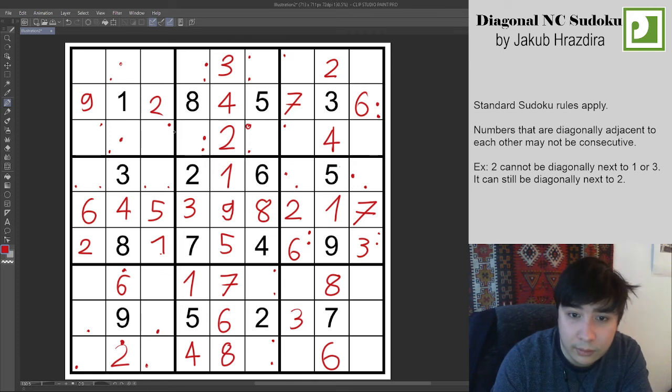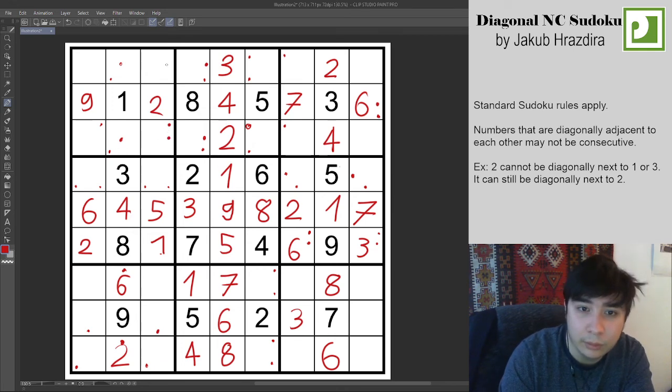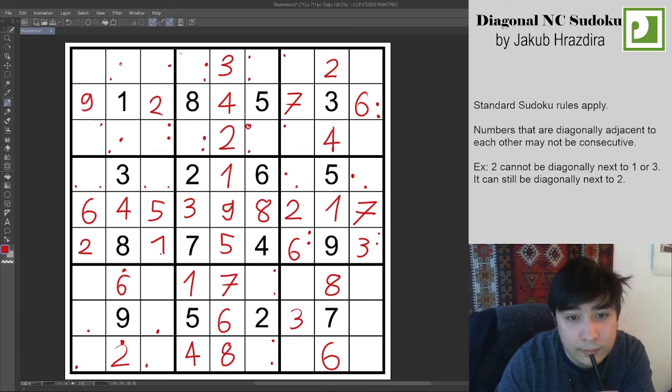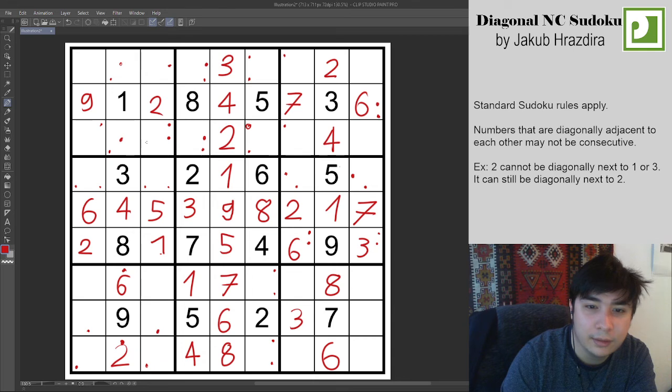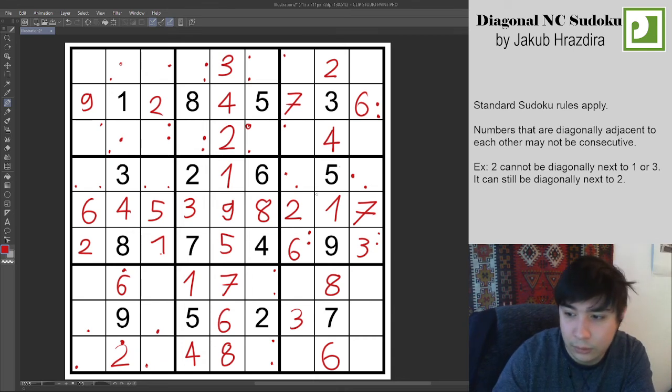And yeah, that also gives us a 6 pair in these 2 spots. That's still fine. Oh, shoot, I had a 3 pair earlier, but that's adjacent to a 2.